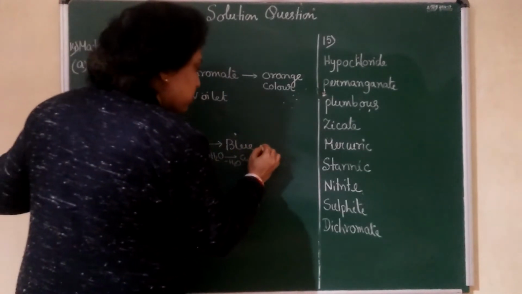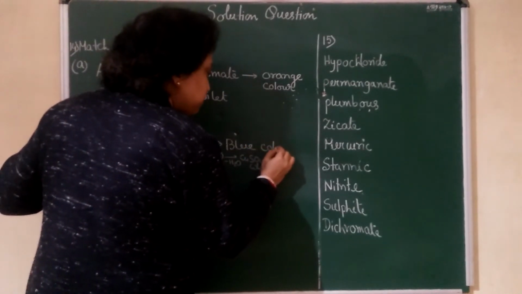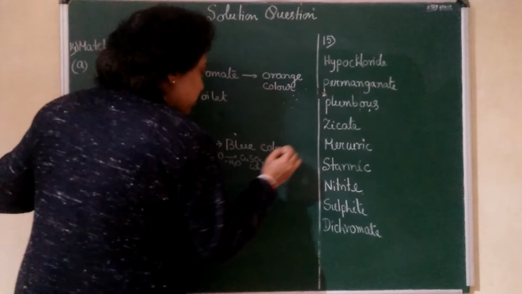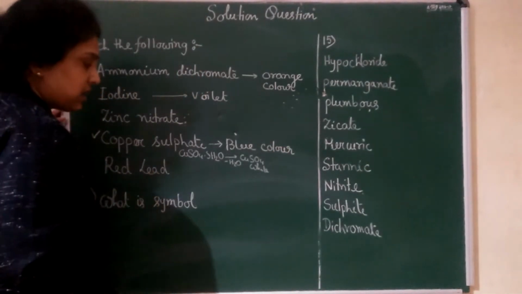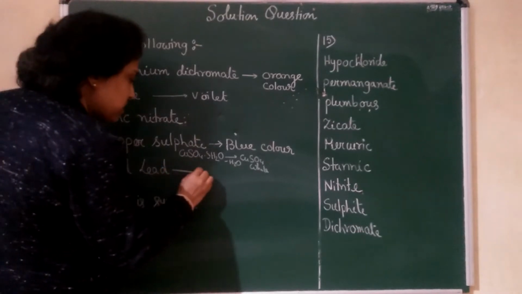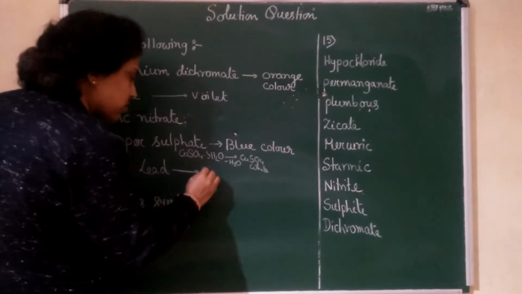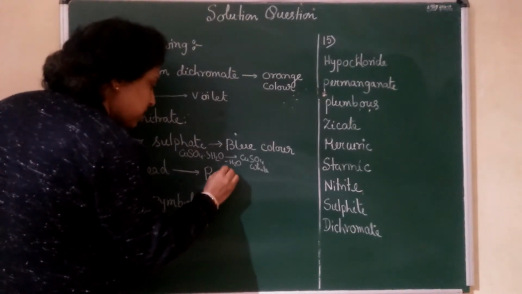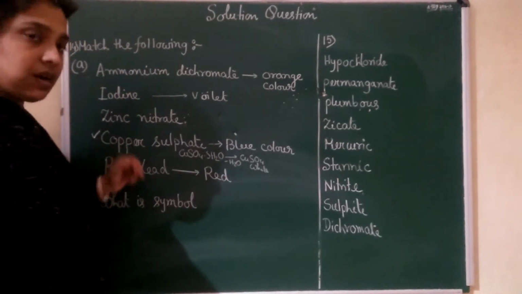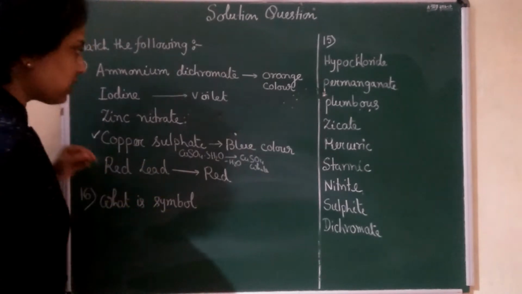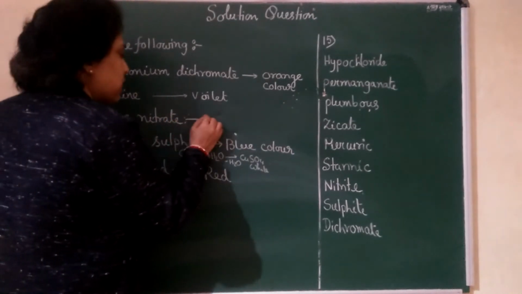This is a blue color salt. Then red lead: it is red to yellow first, and when it is converted further you will get the same. And this one is white in color.